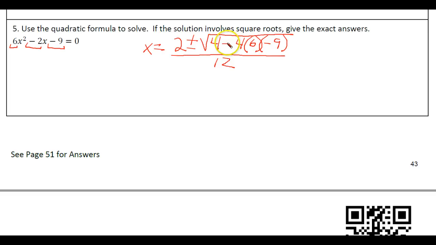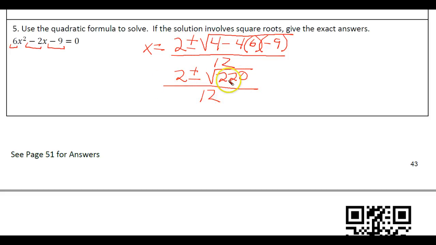Now, when we multiply a negative times a negative, this is going to end up being a positive in here, and it's a positive 216. I add 4 to it, and I get the square root of 220 plus or minus, and this is all over 12.